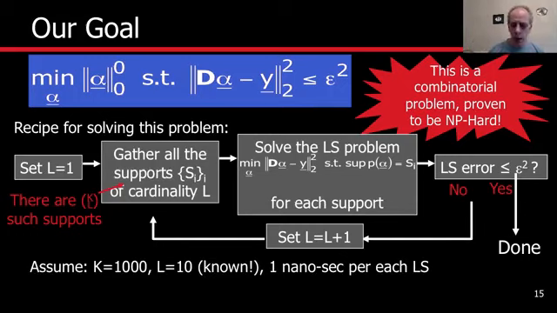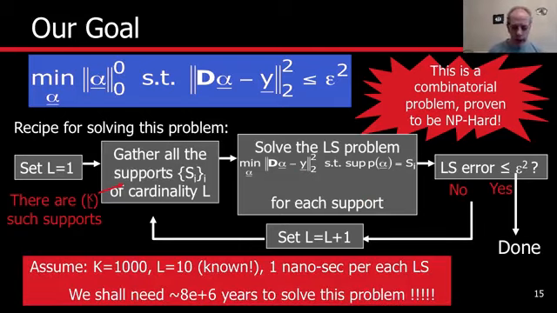Assume that each one of the computations that we have here takes about 1 nanosecond. So you try all possible supports of size 10, and you solve each problem in 1 nanosecond. These are all reasonable numbers. What you get is that you're going to need a long, long time to solve this problem. Look at this number.